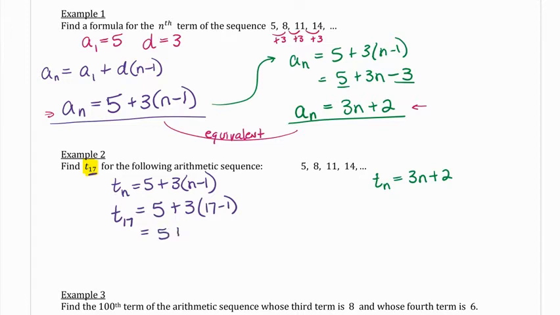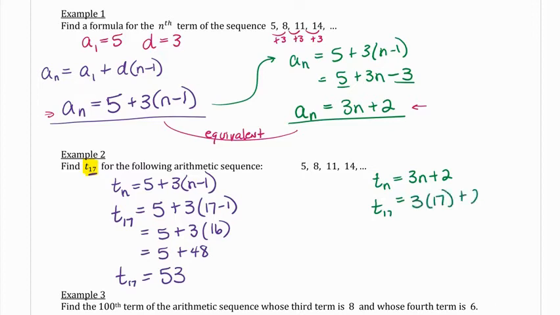That's 5 plus 3 times 16, which is 5 plus 48, which will give us the 17th term is 53. And if I use my green formula over here, again, same idea, the 17th term is 3 times 17 plus 2.